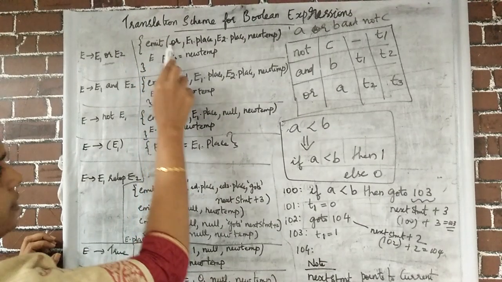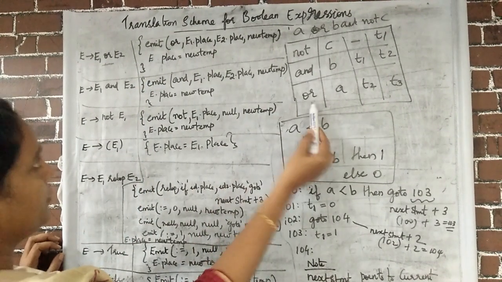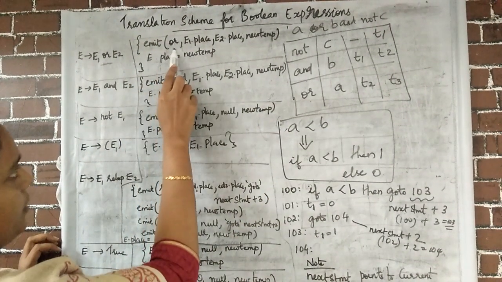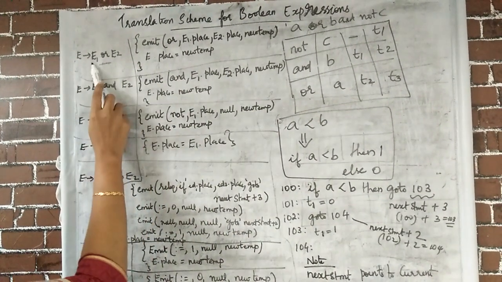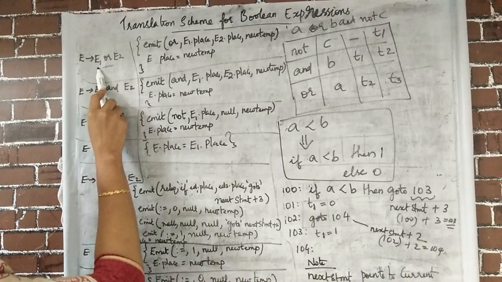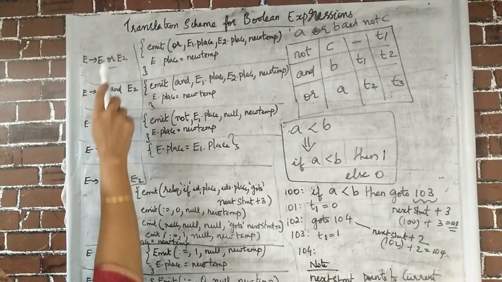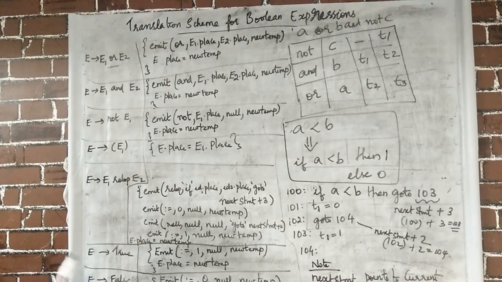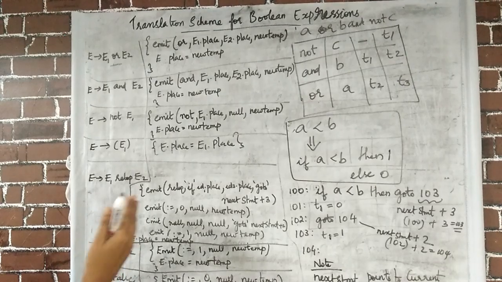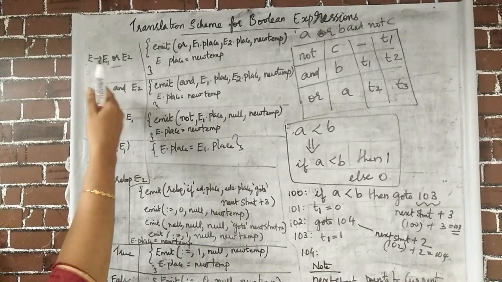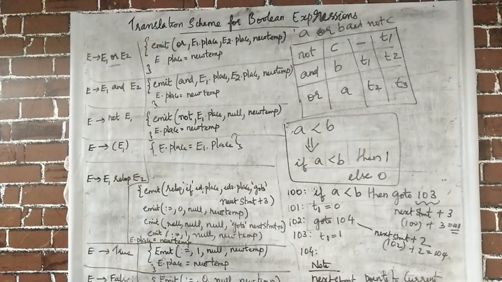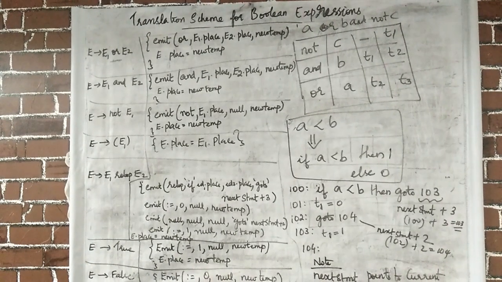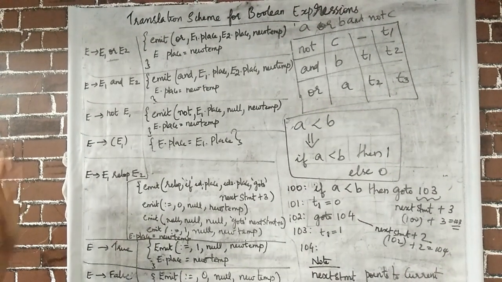The first argument is the operator involved, here the OR operator. Next is the first operand, here E1. Actually E1 and E2 mean the same as E itself, but in order to differentiate the left hand side and right hand side Es, we use the terms E1, E2, etc. Everything is E only.